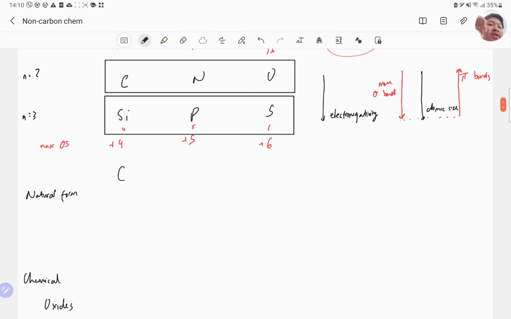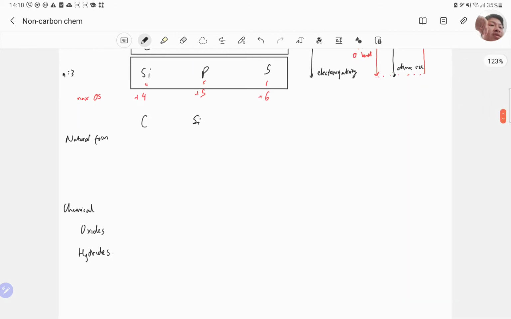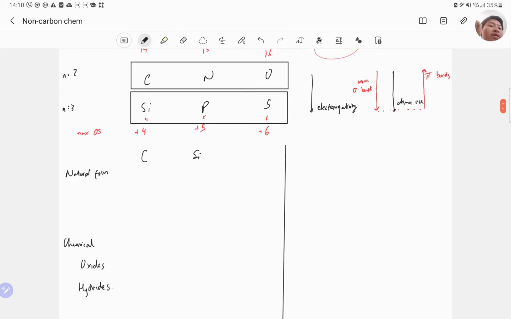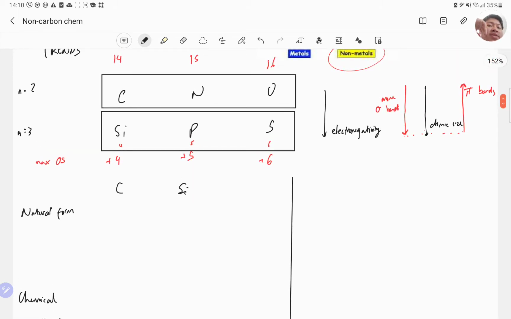I'm pretty sure C and Si here. We'll do one for that. So C here, Si there.